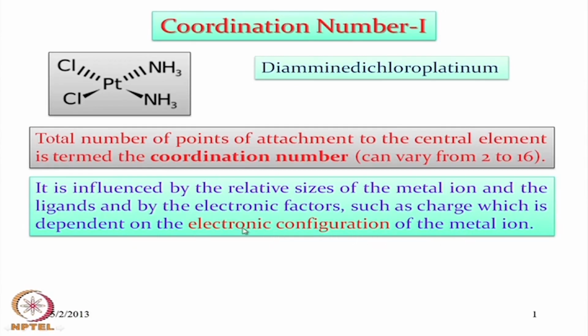We all know the number of electrons occupying the different d levels in 3d elements, whether the electrons are in the dx square minus y square or dxy orbitals, that will provide us different sizes of the metal ions, and we get the high spin and low spin configurations. The sizes of these high spin and low spin configurations of the metal ions are different.